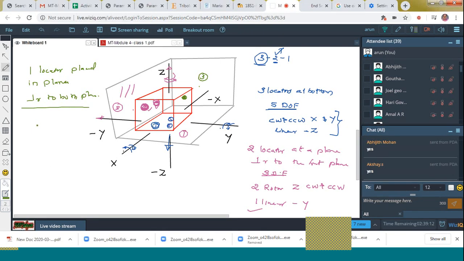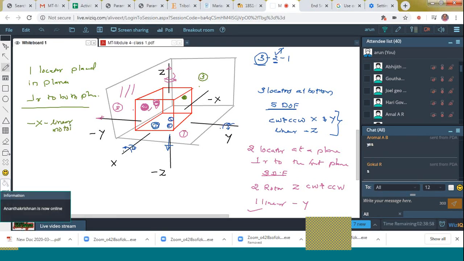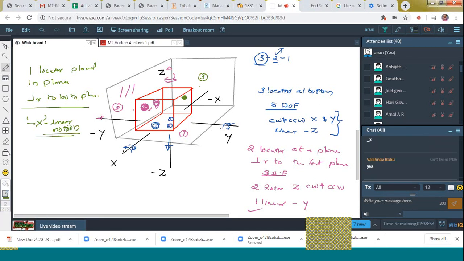Only 1 degree of freedom will get arrested. Am I right? Yes. Which is that? Minus x linear motion is arrested. Up to this clear?